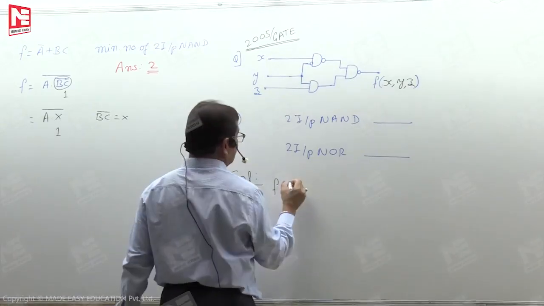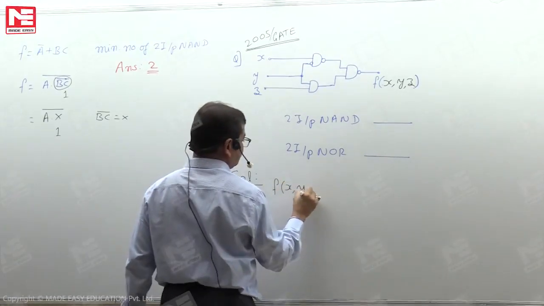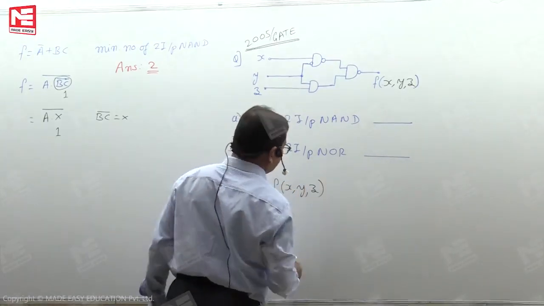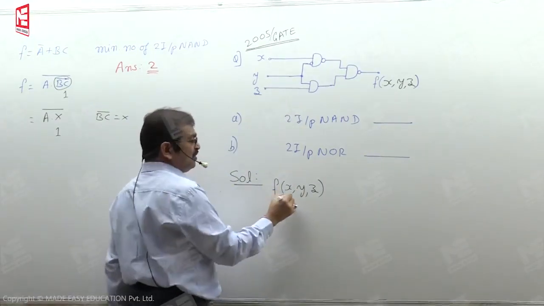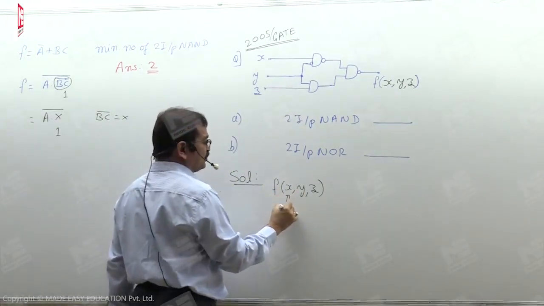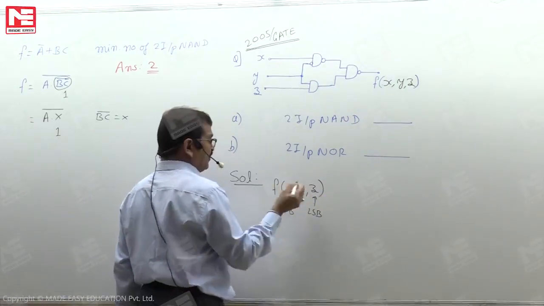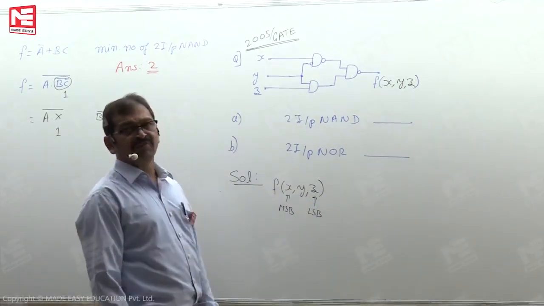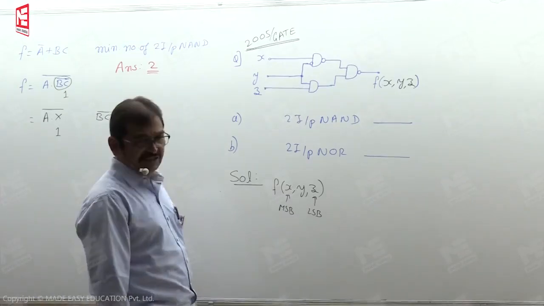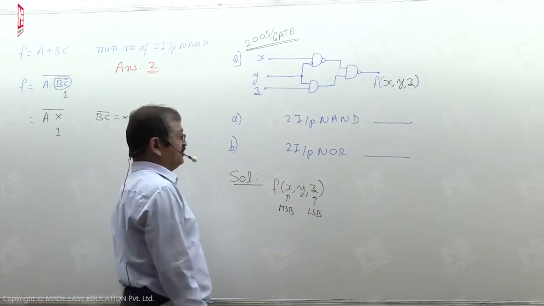When we have this notation, by default the first variable after f is the most significant bit variable, and so on; Z is the least significant bit variable. That is the default always.